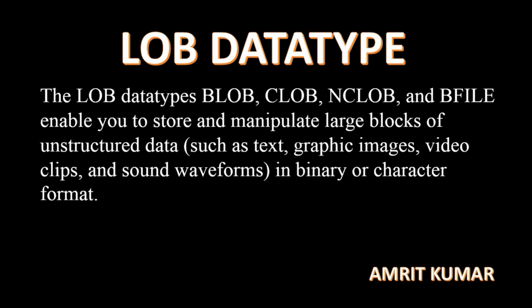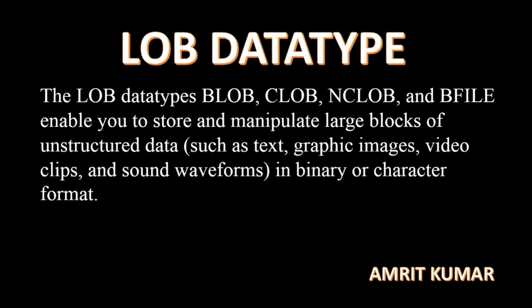Text is unstructured data, graphics and images are unstructured data, video clips are unstructured data, and sound waveforms are unstructured data. So LOB data types enable you to store and manipulate large blocks of unstructured data such as text, graphics, images, video clips, and sound waveforms in binary or character format.